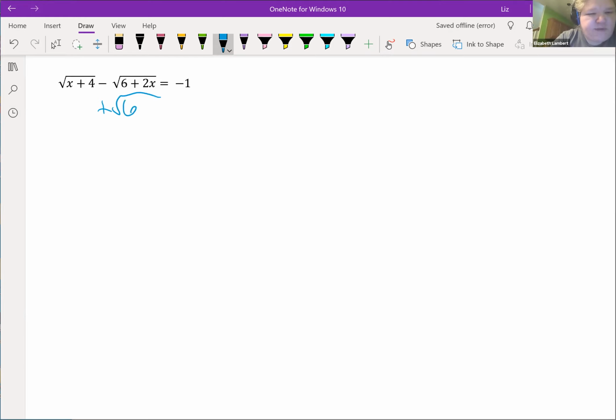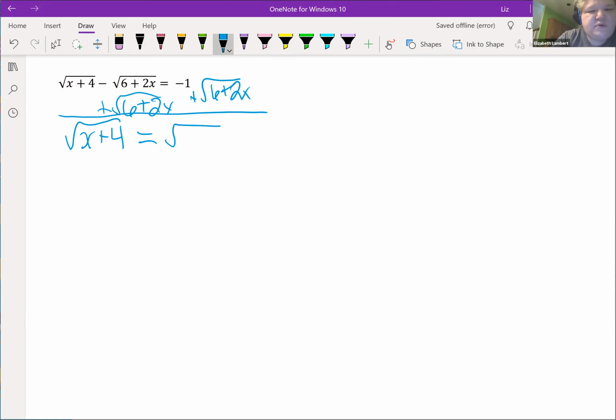Plus the square root of 6 plus 2x. So I have one radical isolated, the square root of x plus 4. And on the other side, I'm going to write the radical first because it's positive. The square root of 6 plus 2x, and then the minus 1, because we are about to get an extremely funky looking binomial to multiply out.